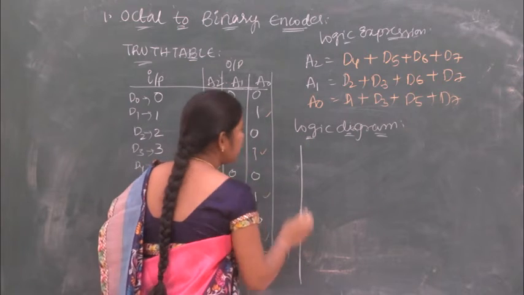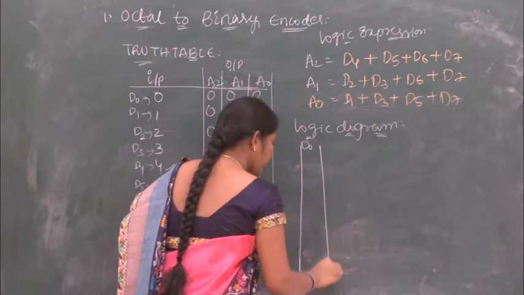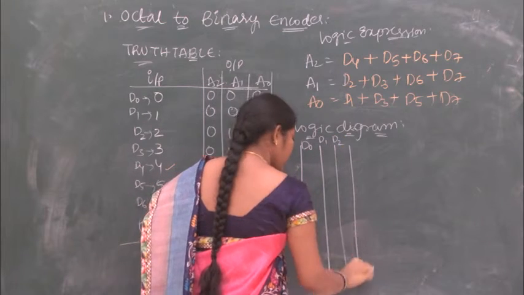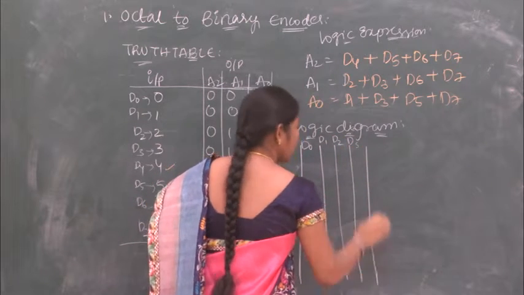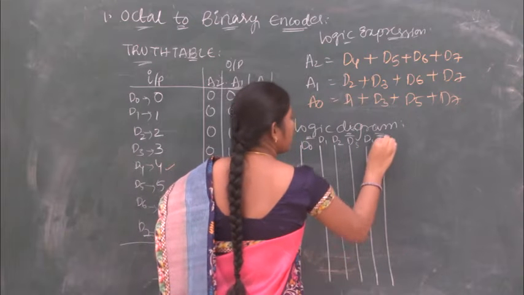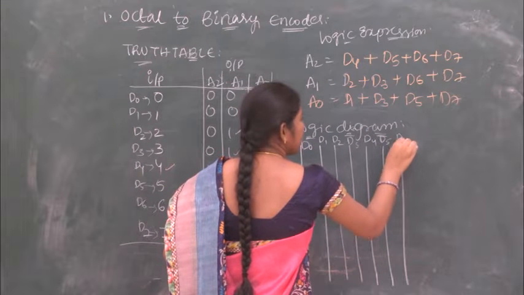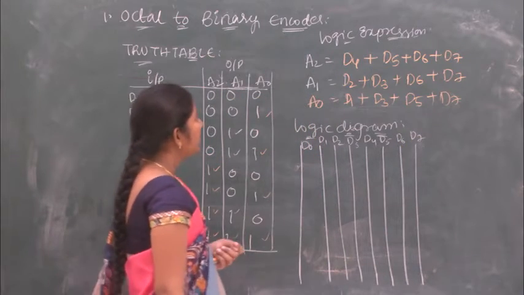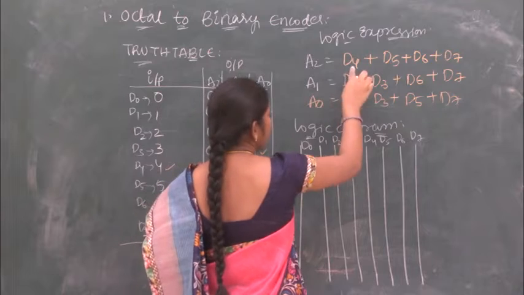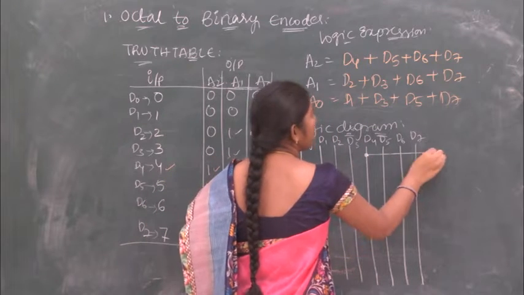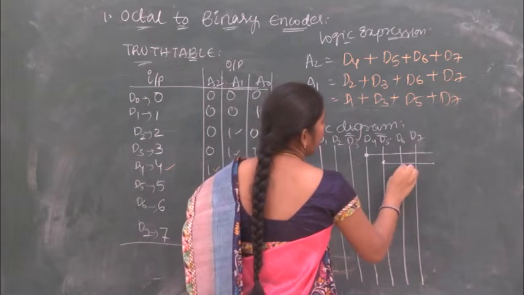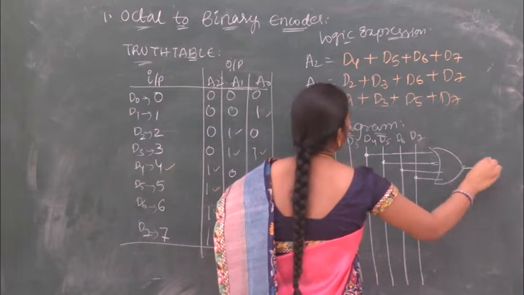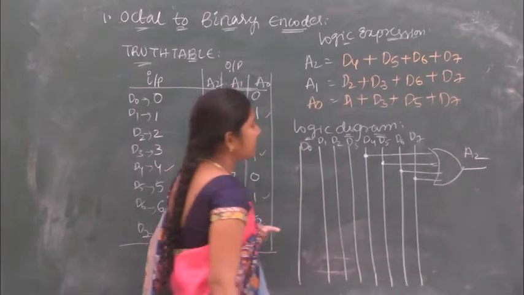So consider all the inputs D0, D1, D2, D3, D4, D5, D6, D7. Right? So first A2 is what? Which is D4 or D5 or D6 or D7. All are OR together. So give it to one OR gate.